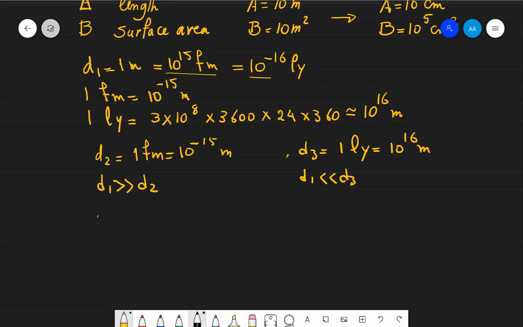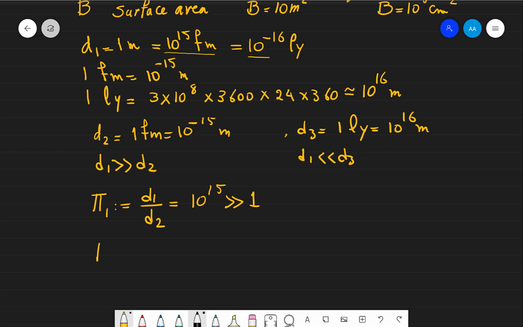For example, pi 1, which is defined as the ratio of d1 over d2, is 10 to the power 15, much larger than 1, and pi 2, equal to d1 over d3, is 10 to the power minus 16. The largeness or smallness of these quantities is valid in any system of units.